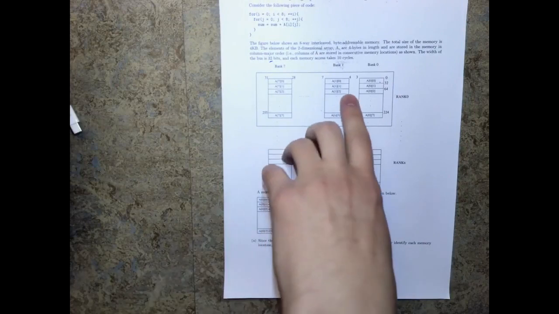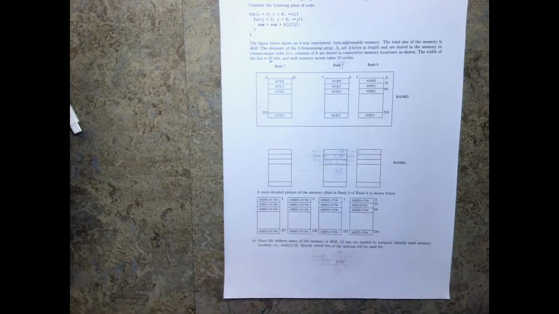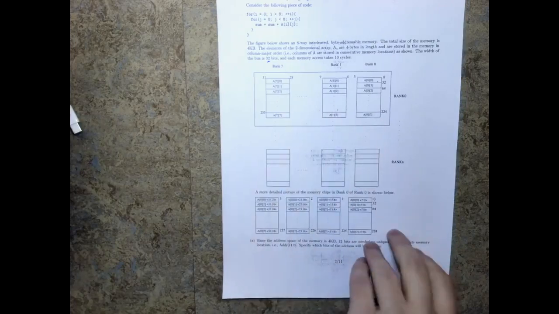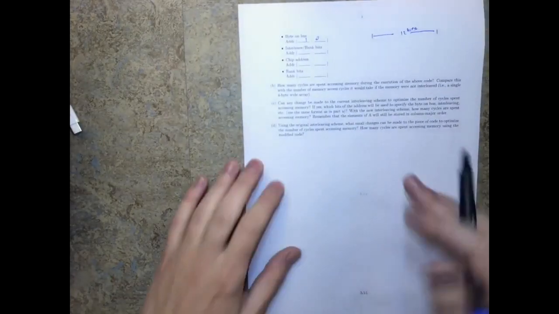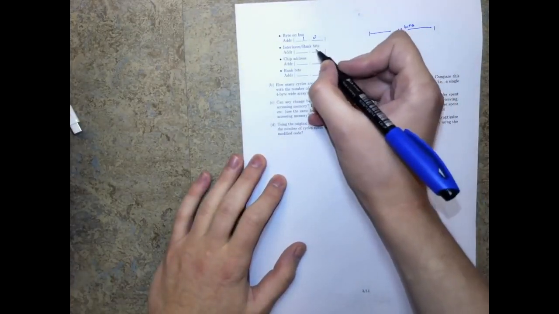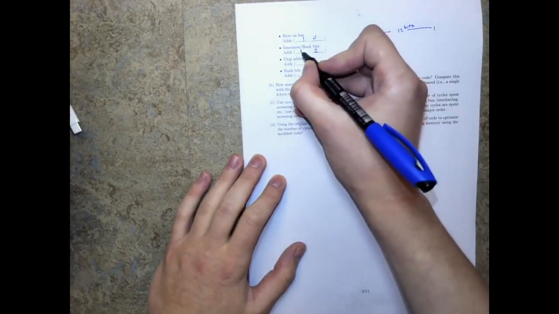That means the first thing that needs to come after the byte address should be the bank address, right? So we know it is 3 bits, and it should come after the byte address. So it will be from 2 to 4. It's the bank address. Is that clear? Because it is kind of tricky to think about, but yeah.